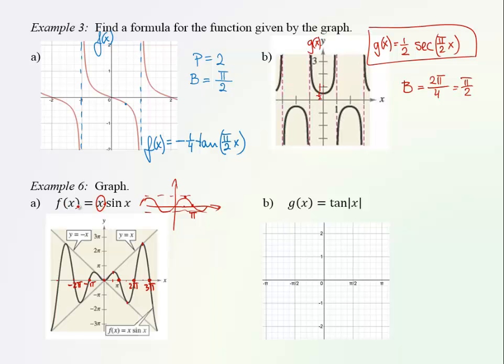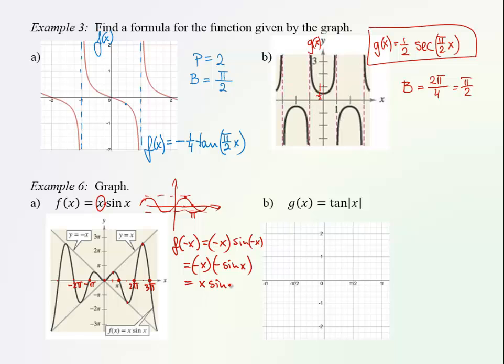Now notice that this function is actually even, because if we plug in -x for x, then we have -x here, but sine is odd. So if we pull this minus outside of the sine, then two negatives make it positive.